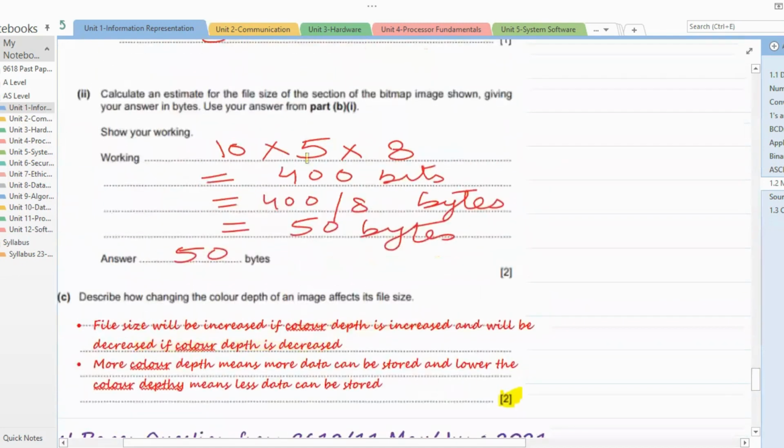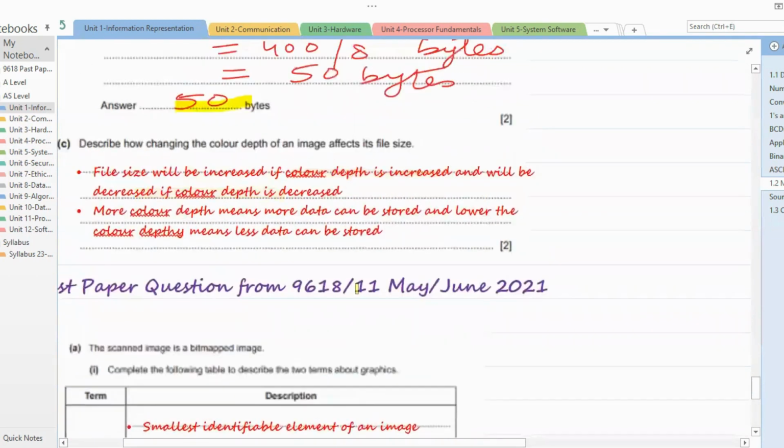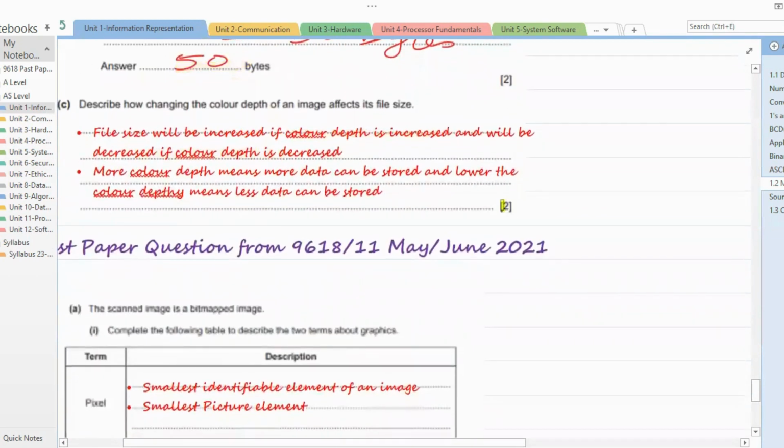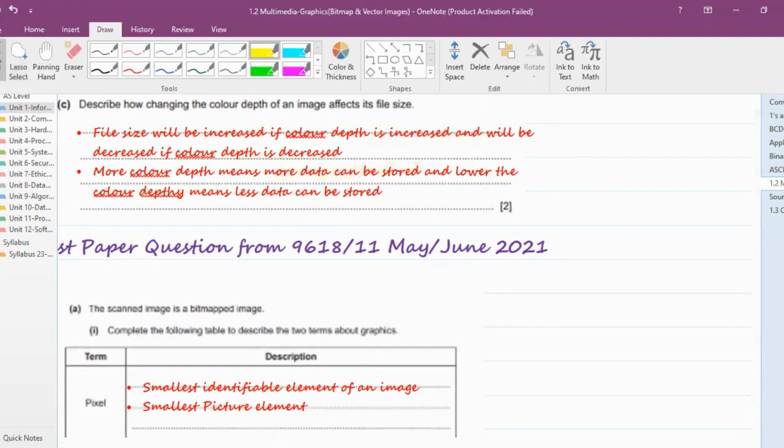And in the question above also you have to show working because it is of 2 marks. 1 mark is for answer, 1 mark is for working. You have to show working, how you reach the conclusion. Now here also you have to write 2 points. First point is if color depth is increased, file size is increased. Second point is more color depth means more data can be stored, and lower color depth means less data can be stored, right?